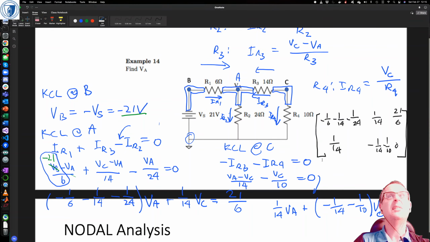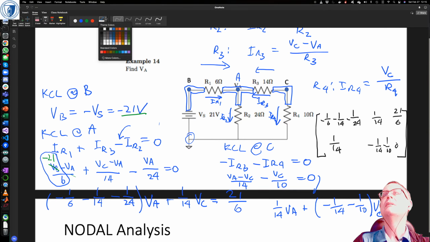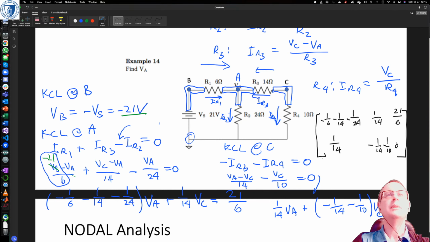Let's get the right colour that we can actually see on the white background. There we go. So that says that VA equals minus 14 volts and VC equals minus 5.833.